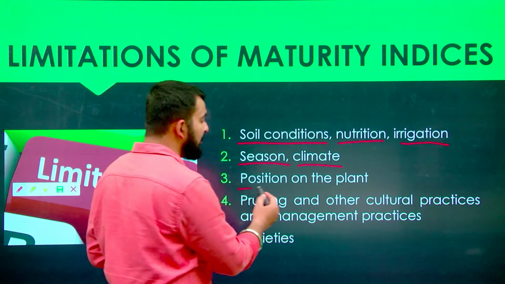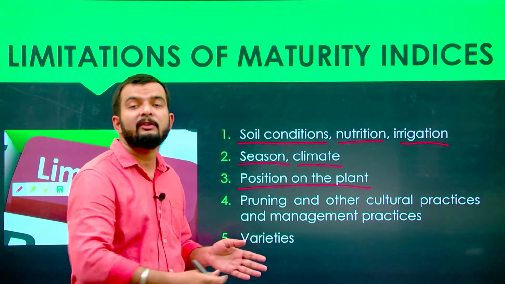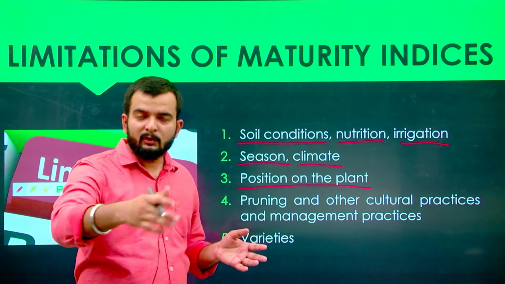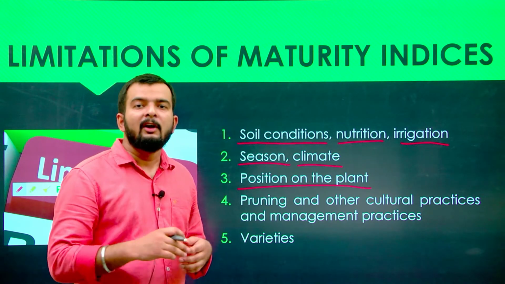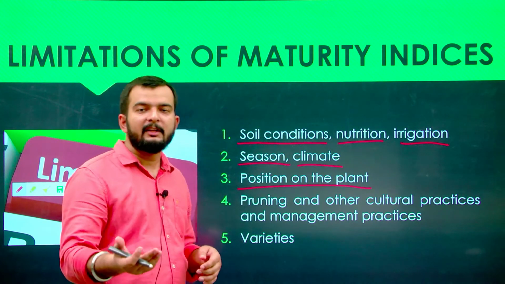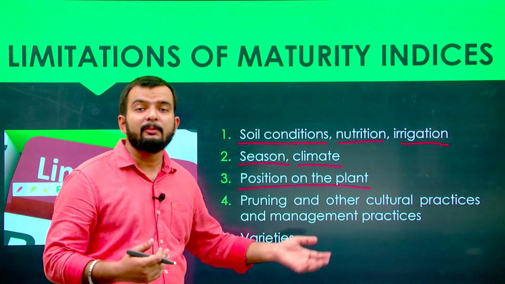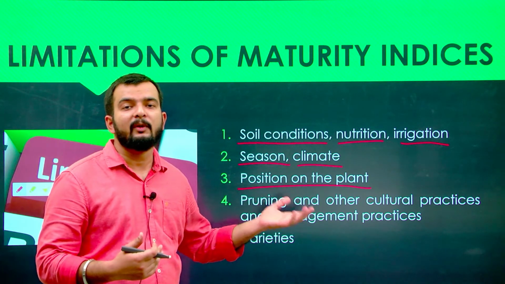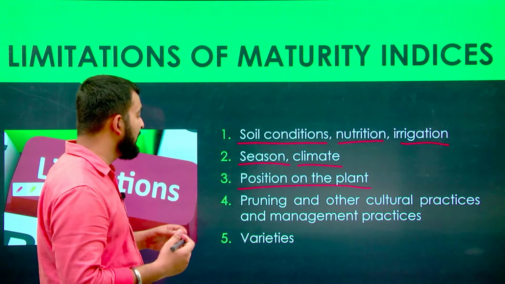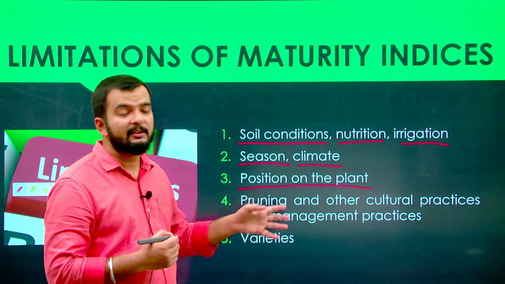Now the position of the plant, like where it is grown, whether it is in the center of the field or adjacent to another tree, or on the periphery of your farm, or is being utilized as a secondary crop. All these things affect, because they might not get proper care and proper nutrition required for their adequate maturity. So these also are going to affect your maturity indices.